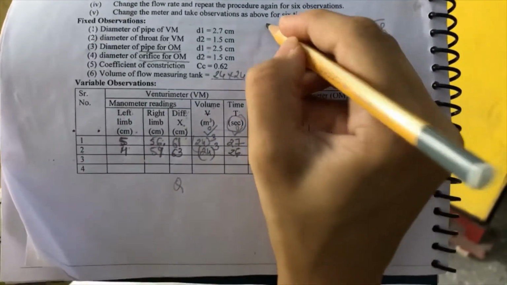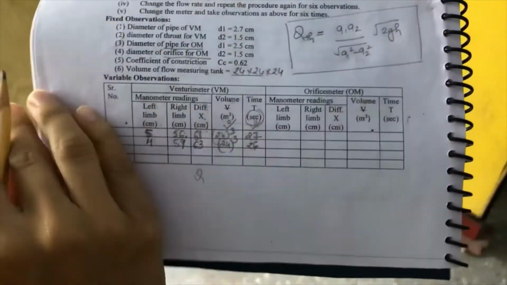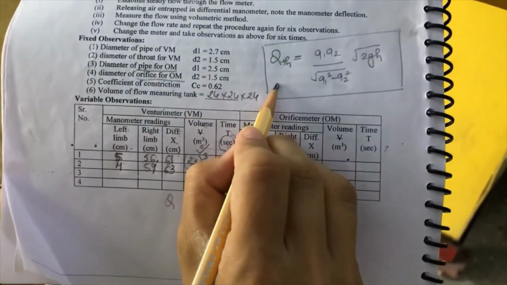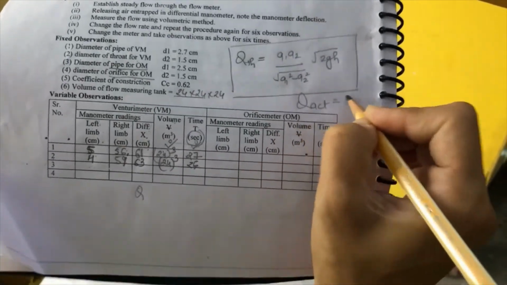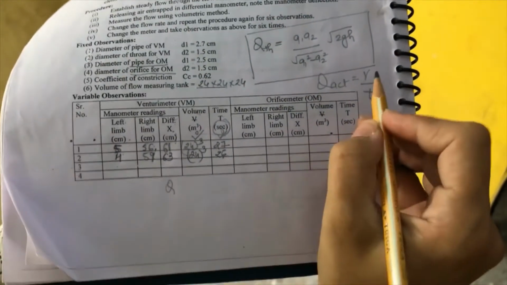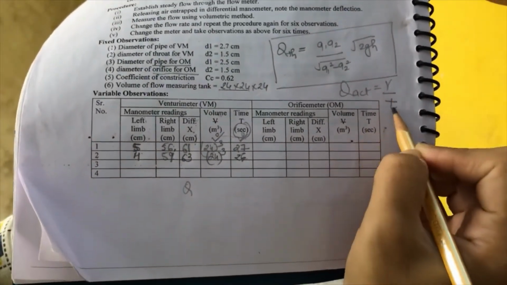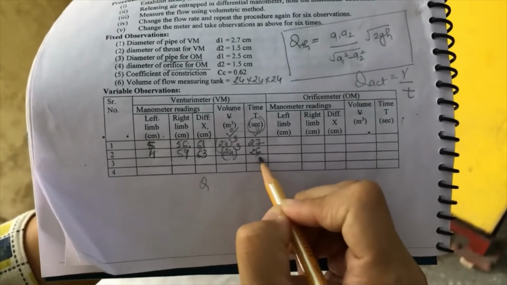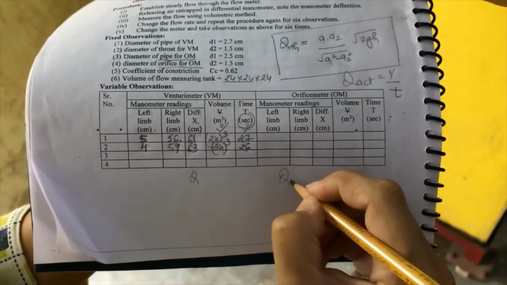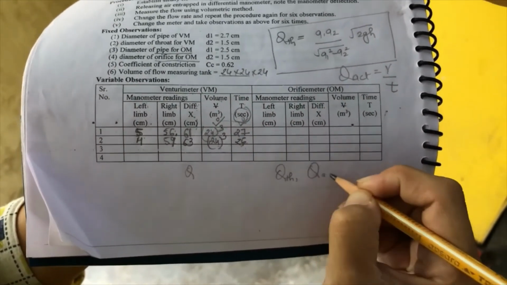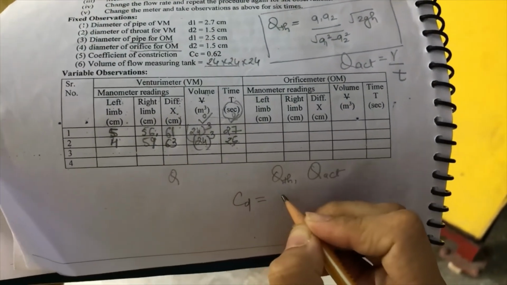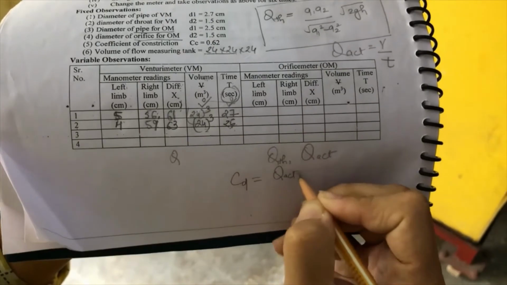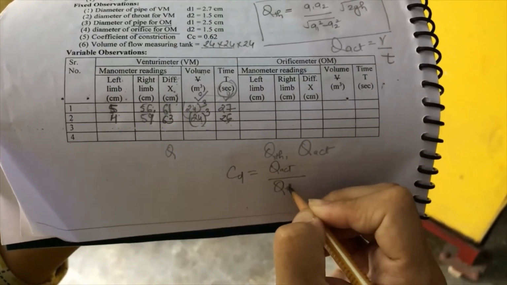We will also get the actual discharge from the formula volume by time, from these two readings. In this way we will get Q theoretical and Q actual, and we can find the coefficient of discharge Cd, which is the ratio of Q actual upon Q theoretical.